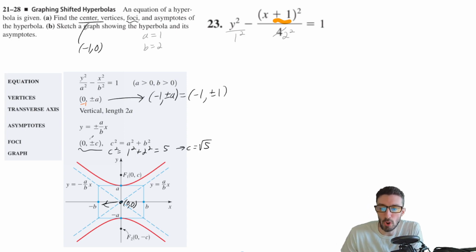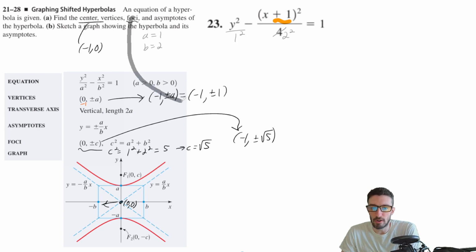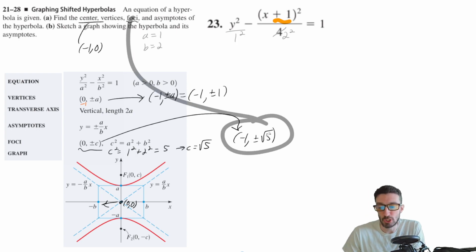And our foci is also going to get shifted. So again, all these formulas, they need to be shifted. So our 0 is going to turn into a negative 1, and then it's going to be plus or minus root 5. So those are our foci. Those are actually 2 points right there.